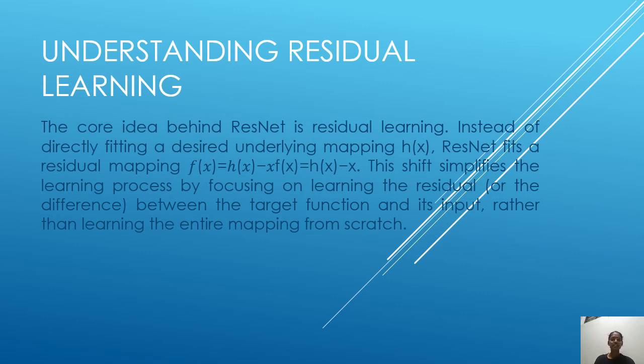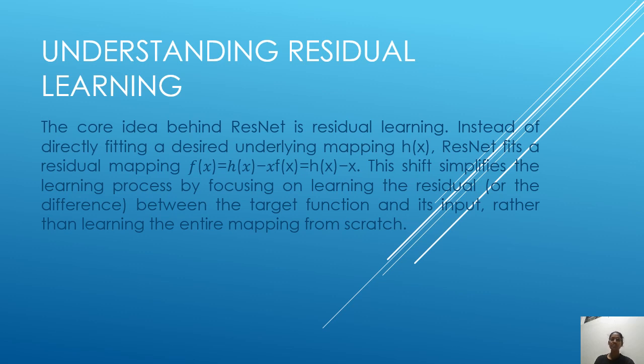The core idea behind the residual network is residual learning. Instead of directly fitting a desired underlying mapping, the residual network fits a residual mapping using the equation F(x) = H(x) - x.